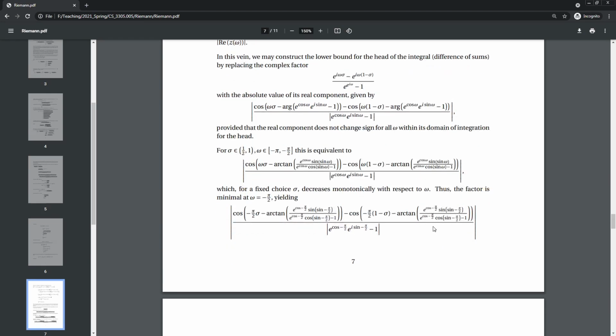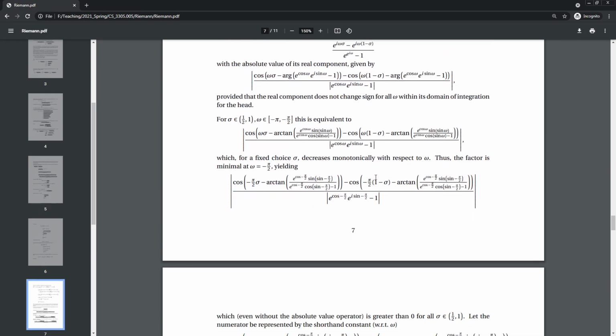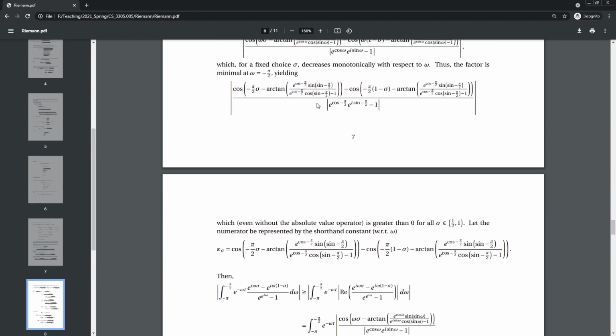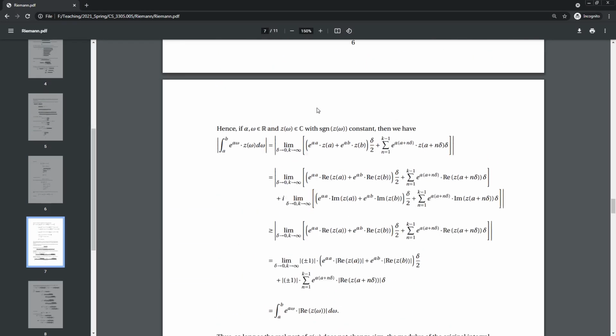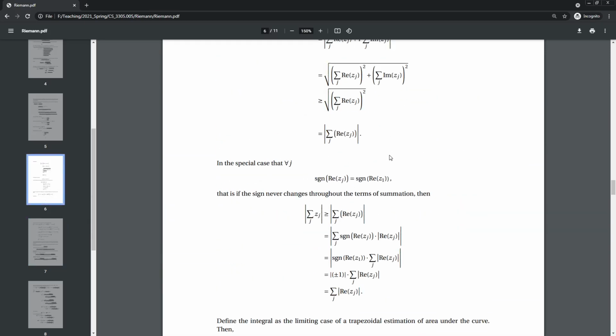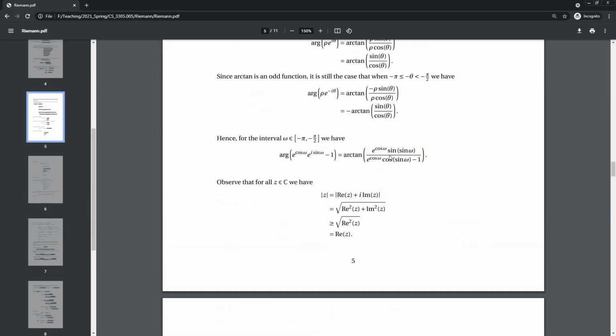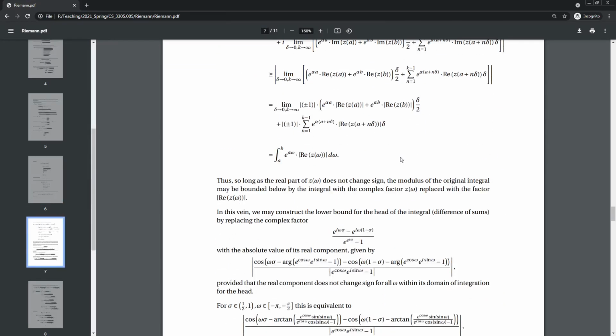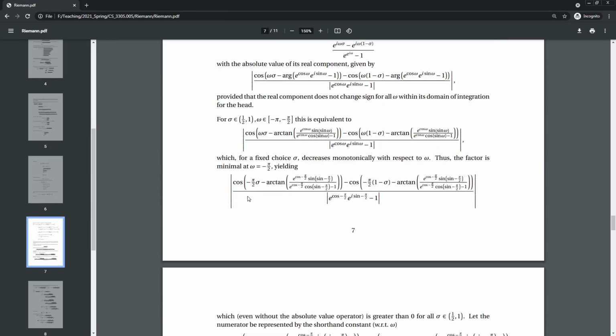So now we've gotten rid of the variable of integration for the head, for the troublesome part of it. Well, sorry, we'll come back to it. We've gotten rid of it for the head because this no longer depends on omega.